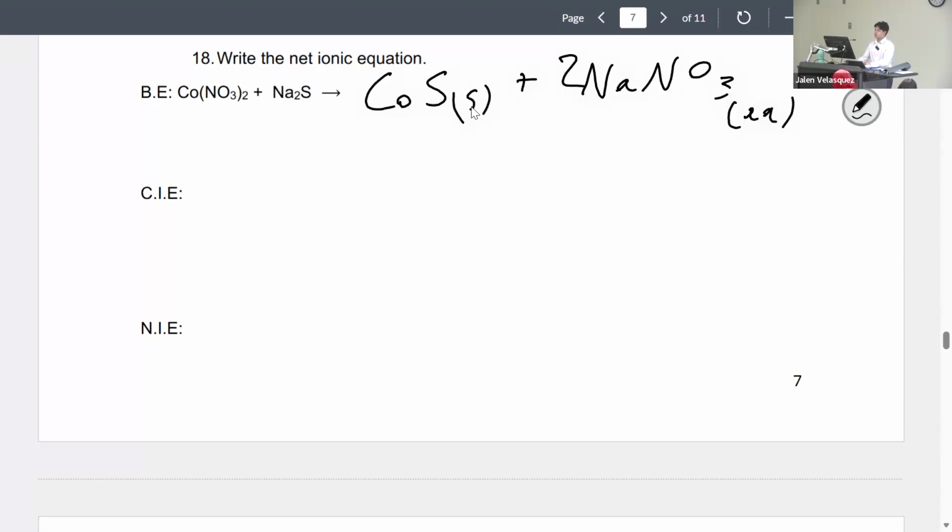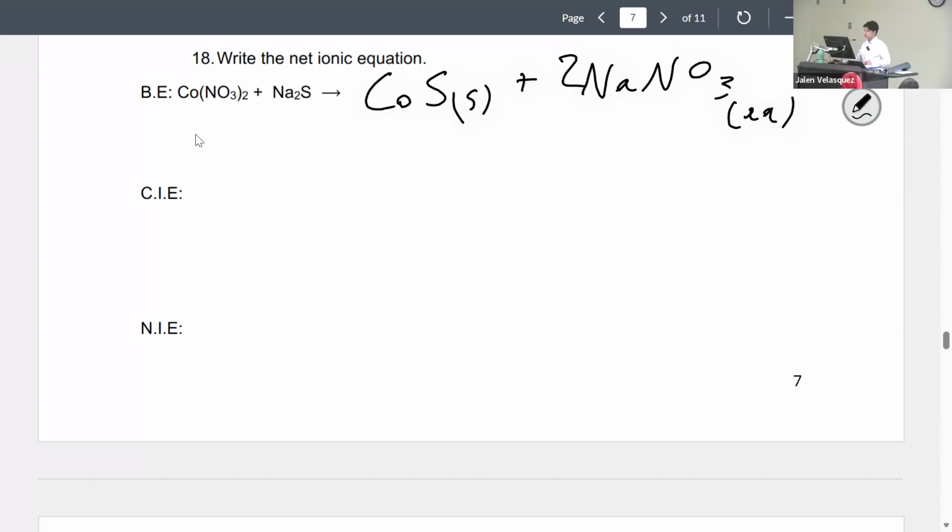We've got to ionize things, right? What do we not ionize? Good. You do not ionize solids and you do not ionize liquids, right? So in other words, we're going to ionize everything except for this. So ionizing, right, we're breaking it into its ions, so we need to know their charges.